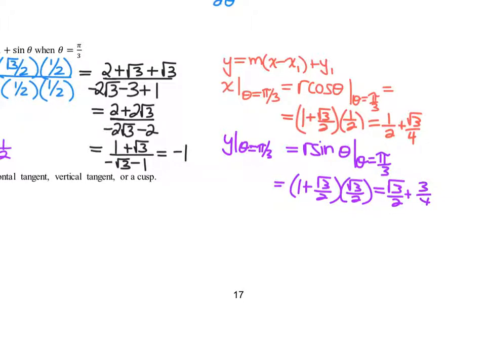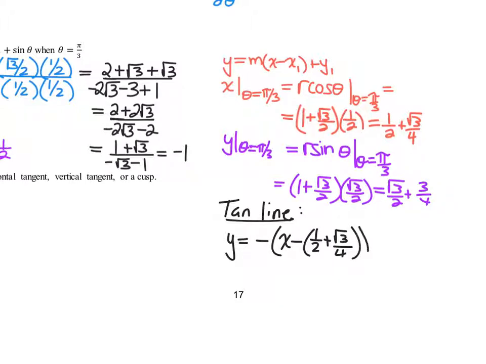So we have the slope, and we have the coordinate, but in its exact form. So our tangent line would be y equals -1 times x minus 1/2 plus root 3 over 4, plus root 3 over 2 plus 3/4.